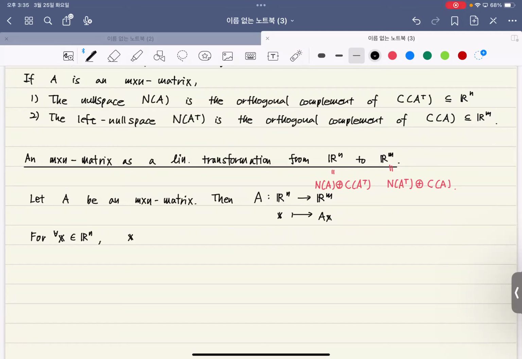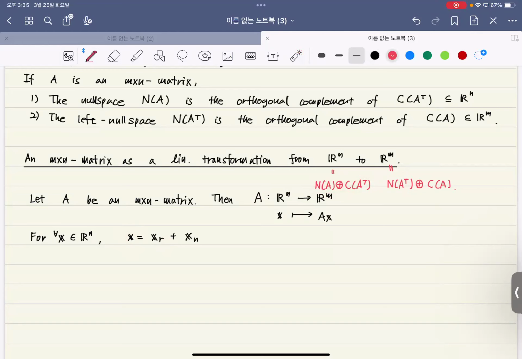Then, since we have such a decomposition, this vector can be uniquely written as a vector from the row space plus a vector from the null space.